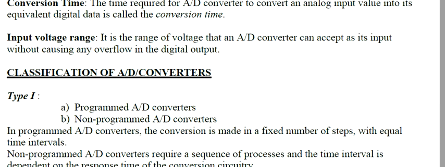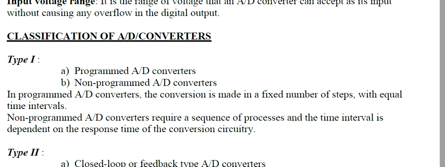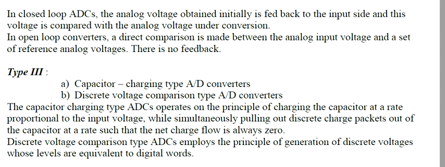Non-programmed analog to digital converters require a sequence of processes, and the time interval depends on the response time. Another classification, type 2, is closed loop and open loop analog to digital converters. In closed loop analog to digital converters, the analog voltage obtained initially is fed back to the input side and compared with the analog voltage under conversion. In open loop converters, the direct comparison is between the analog input voltage and a set of reference voltages.